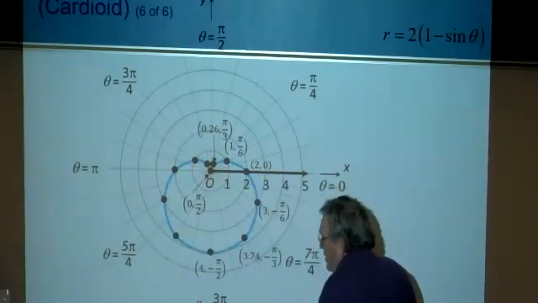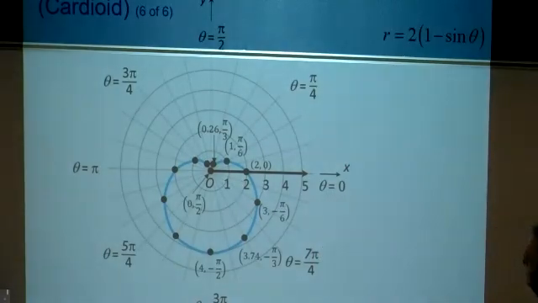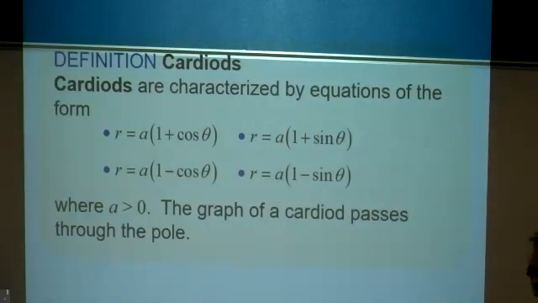So it's laying on its side, basically. And that's what happens with those. The graphs are very similar in shape, or they are the same in shape. It just depends on how far away from the origin, I mean, the pole, you end up going. And the graph of the cardioid passes through the pole. That's what this last statement says.